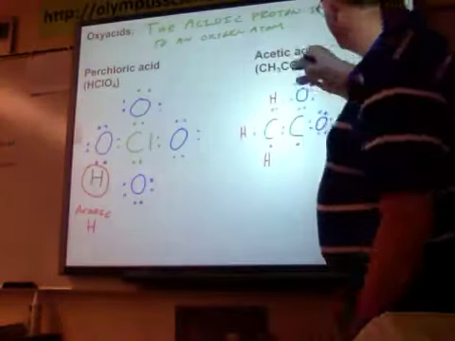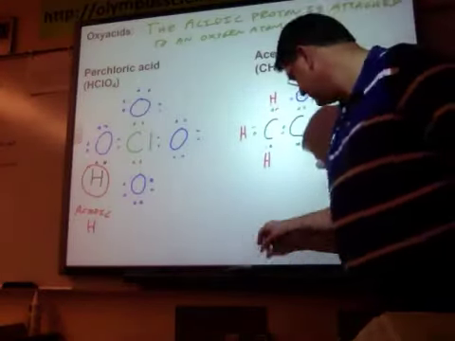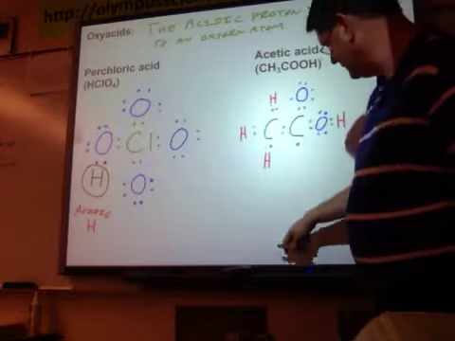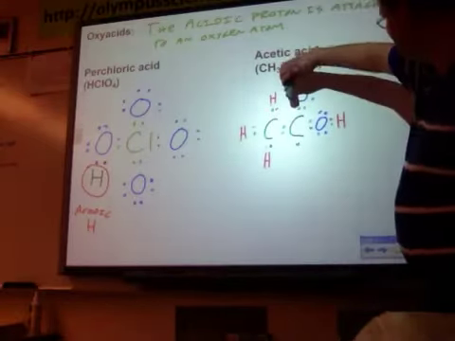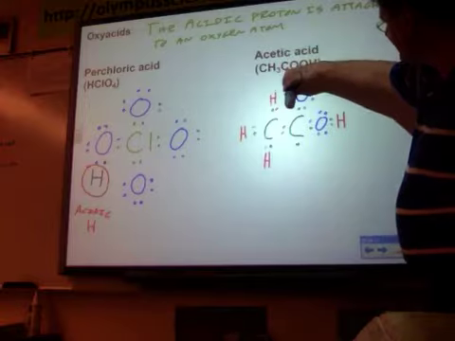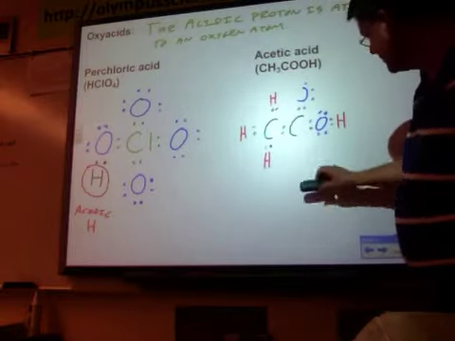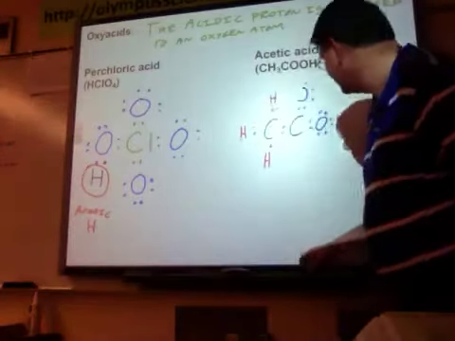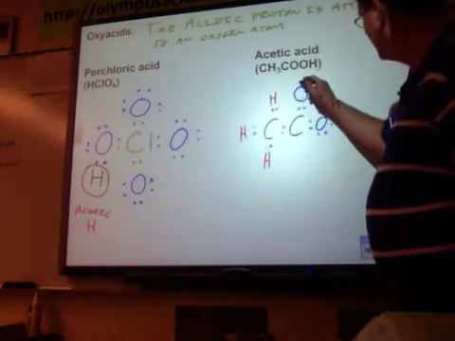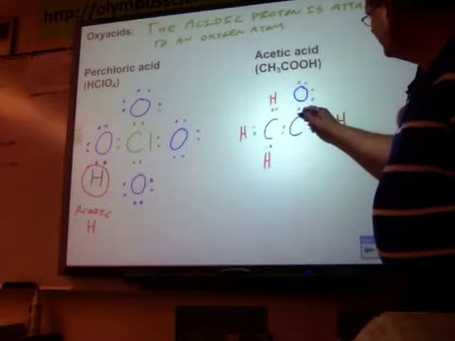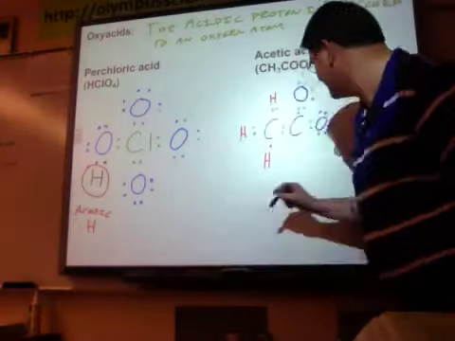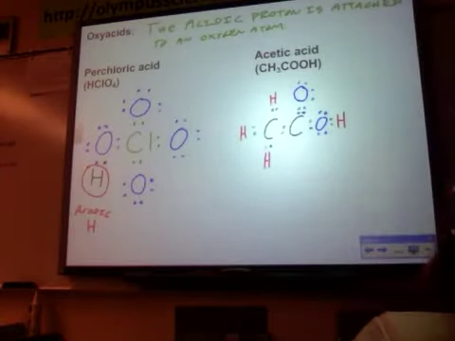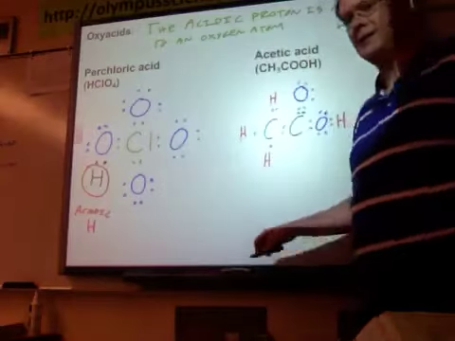Not that you can particularly tell by the way I've drawn it, but let's try a little better. Yeah, so what we end up doing is we take that electron off oxygen and that electron off carbon, and we'll make a double bond. Okay? All right.